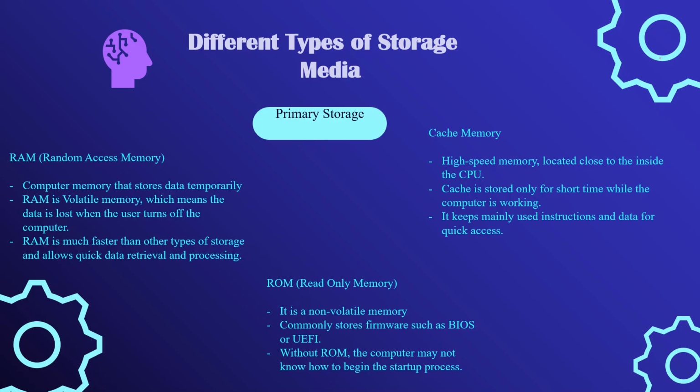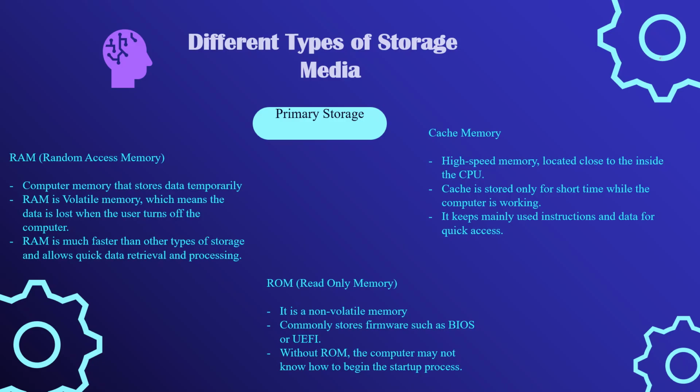However, what it lacks in permanence, it makes up for in speed. It's much faster than other types of storage, which is why having more RAM usually makes your computer feel more responsive.